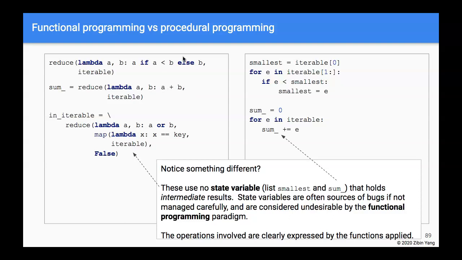Now compare that to this. Again, because of the state variable, we have to think about, oh, so what does the smallest stand for? Well, okay, so if something is smaller than the smallest, then that something becomes the smallest. Okay, so I guess we are looking for the smaller of the two numbers, right?